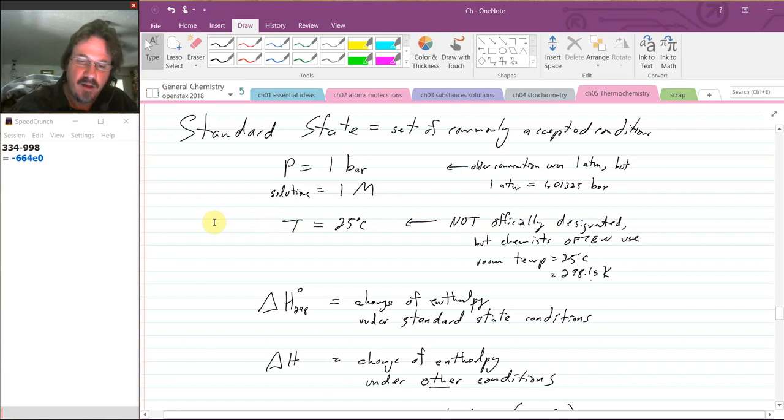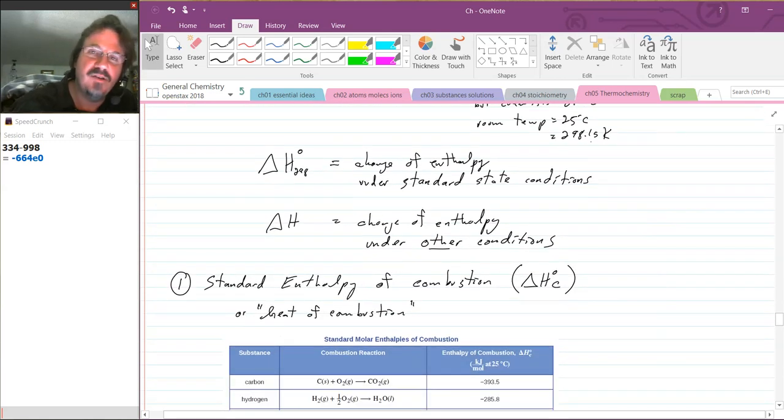If we're listing these thermodynamic values at their standard state conditions, we put a little naught sign as a superscript. So delta H naught. That little naught, I can interpret immediately as meaning I'm at 1 bar pressure and my concentrations are 1 molar. Very often, if they include the temperature, they'll put it down here, 25 degrees Celsius, which, by the way, if you convert to Kelvin, is 298.